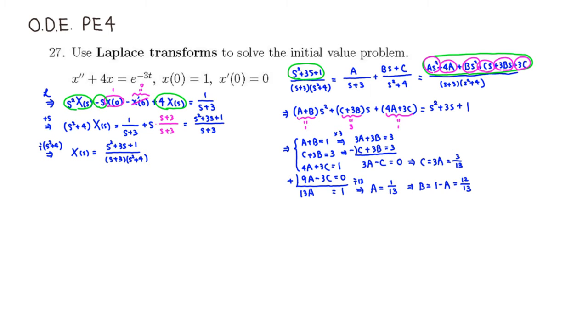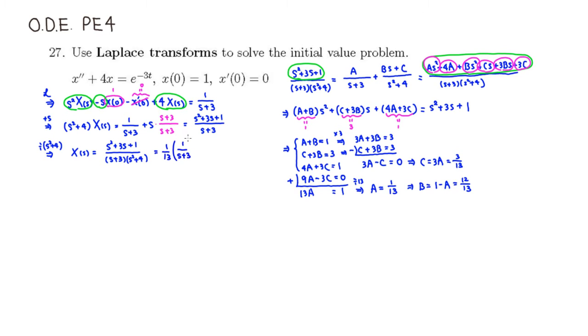So this is now written as follows. Everyone has a 13 on the bottom, so maybe I'll put 1 over 13 outside. So a is 1 over 13, so I'm going to put the 1 over s plus 3.